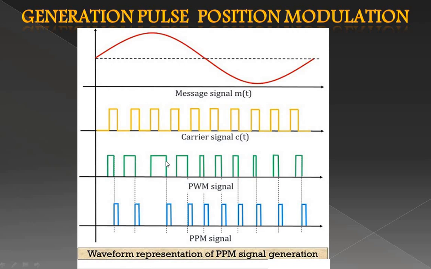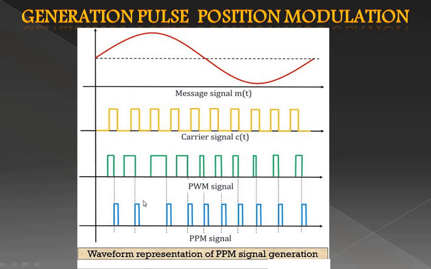Now at this trailing edge again your position changes. At the maximum voltage of your message signal, the position is maximally moved from this point to this point. This much gap is there. Again if the voltage is decreasing, the pulse width also decreases, and the position has moved. The trailing edge of the pulse width modulator gives the initial beginning of your pulse position modulation. So this is how the position of the signals is varied in accordance with the message signal.